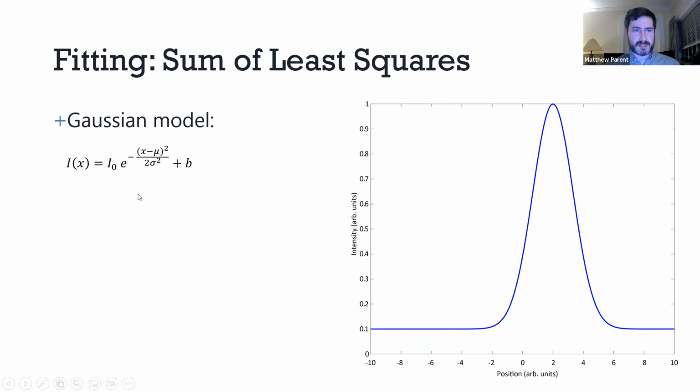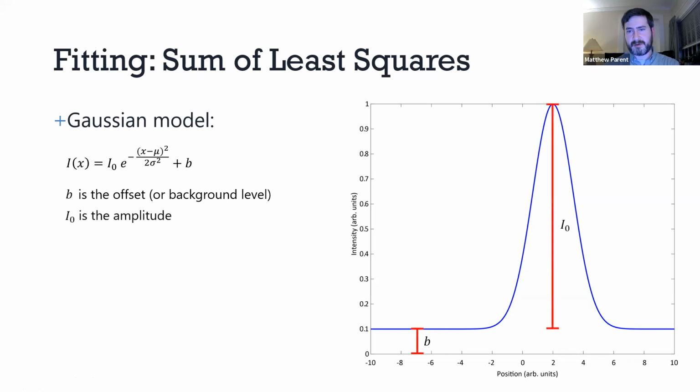So my Gaussian model is this right here, and in one dimension it looks like this. I have my maximum intensity is I naught, e to the minus (x minus mu) squared over 2 sigma squared, x being my coordinate, mu the center of my Gaussian, and sigma a parameter that tells you about the width of the Gaussian, and B is just going to handle my background counts.